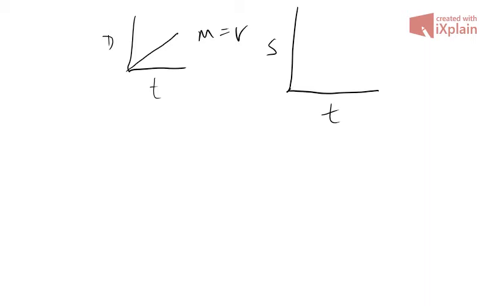So if we take that same line that's got pretty much a steady slope, especially if I drew it well, what this tells us is that for each unit of time, this has gone up the same amount, which means now the slope equals acceleration, because now we're not talking about a change in how much distance there has been over time, but an increase in the amount of speed that there is over time.